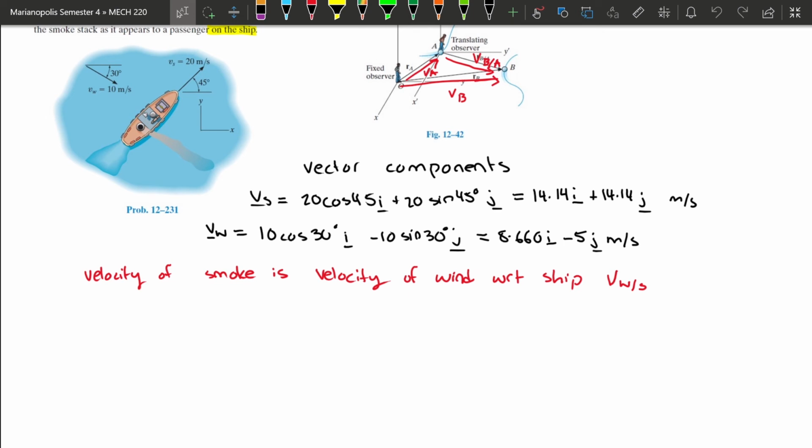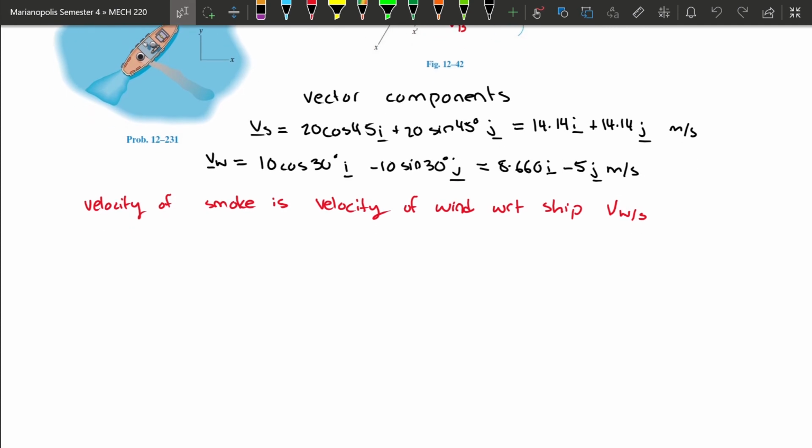Now that we know that, we can plug it into our relative velocity equation, which for this case is: the velocity of the wind is equal to the velocity of the ship plus the velocity of the wind with respect to the ship.